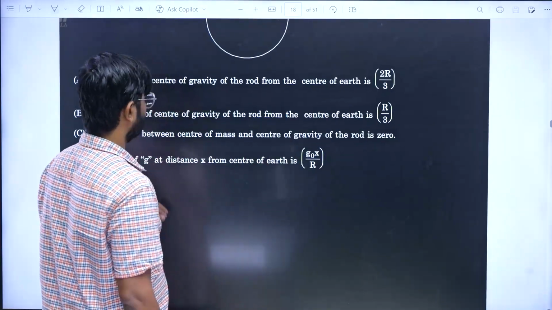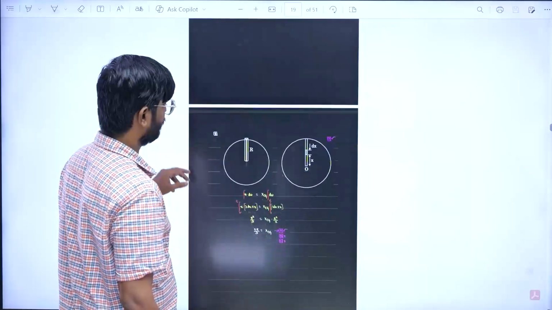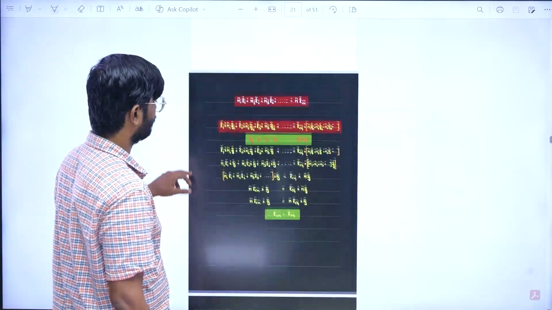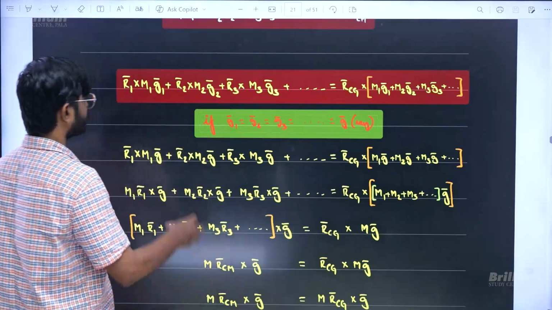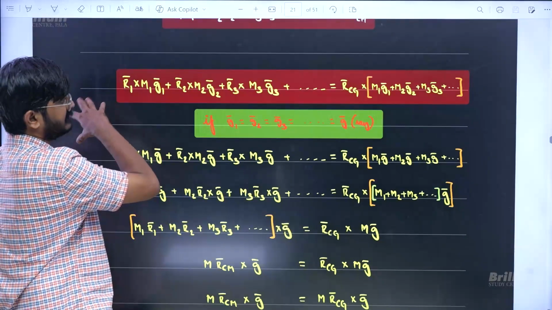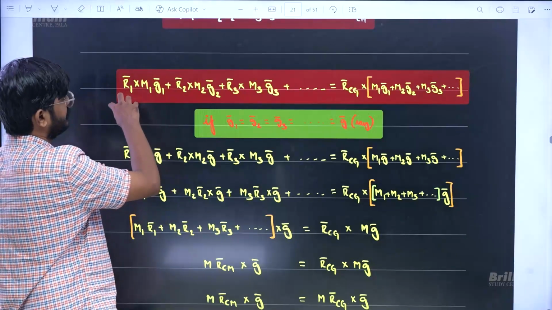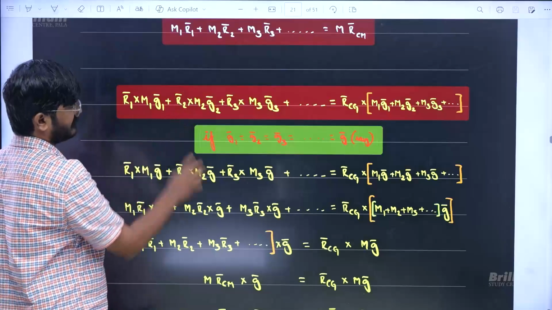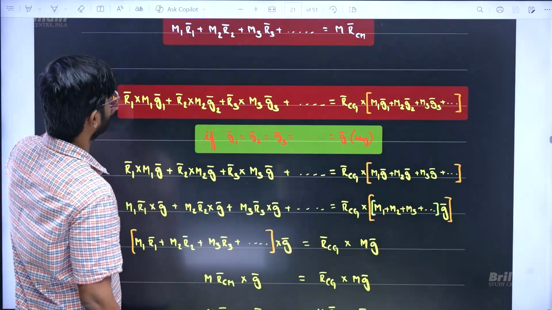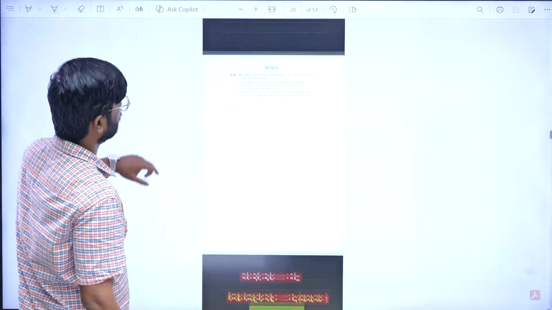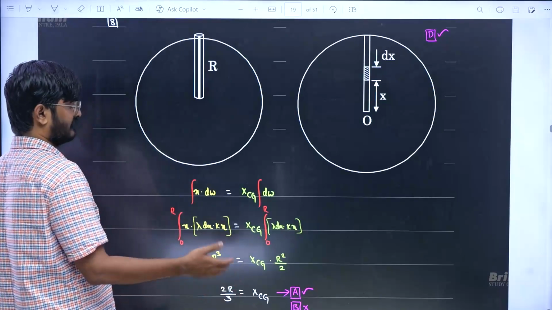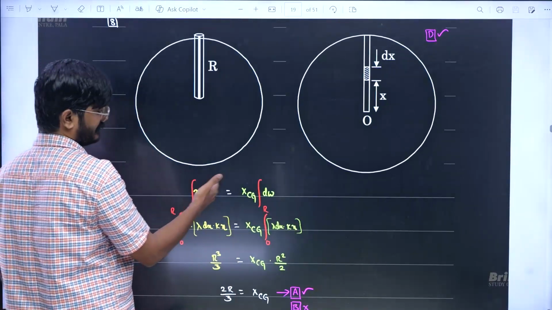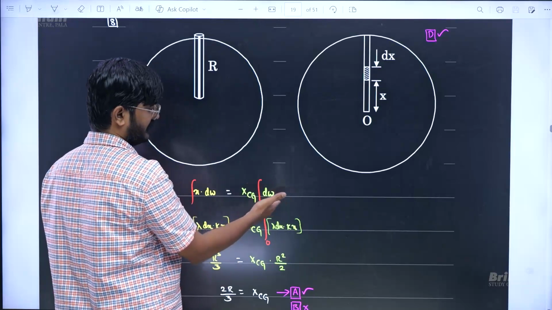Now center of gravity, if you want to find it, depends on the definition. We will be going with our definition. I think according to the solution, they were taking the definition as this, a weighted average kind of thing. So if I take this as the literal definition and try to implement it here: if it was center of mass, we would have taken the integral of x dm equals x of center of mass into the integral of dm.